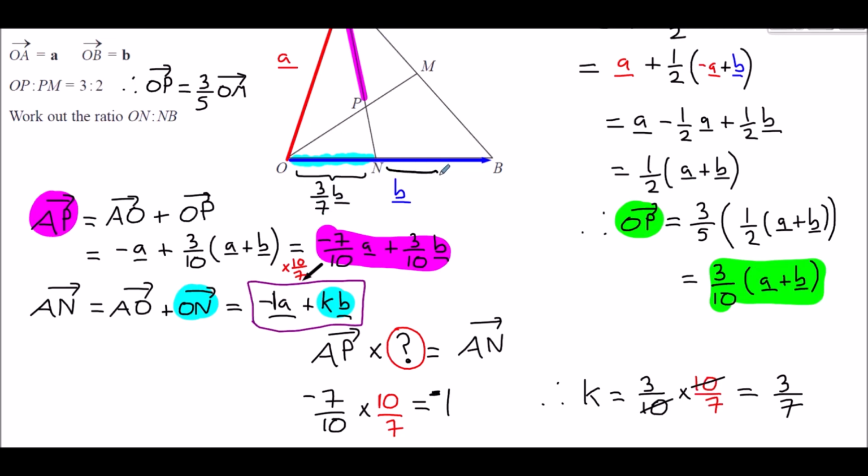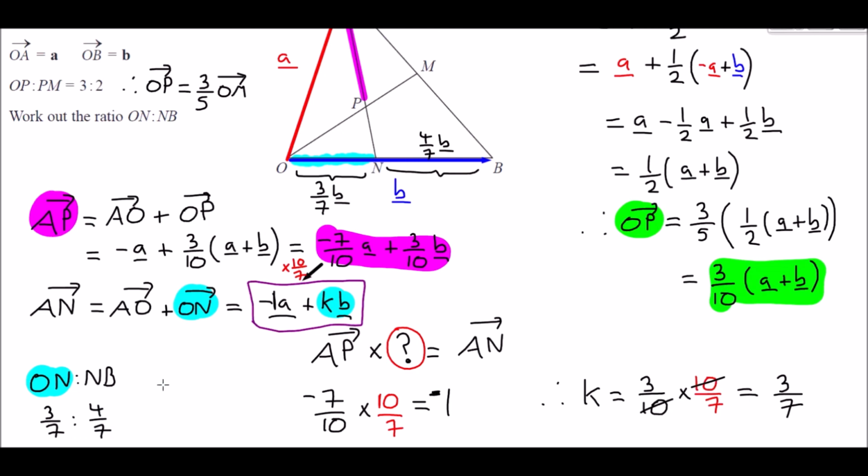Therefore, this other bit here must be the other 4/7 of b. So the ratio ON to NB, we've established that from O to N is just 3/7 of B, and NB must be the 4/7.